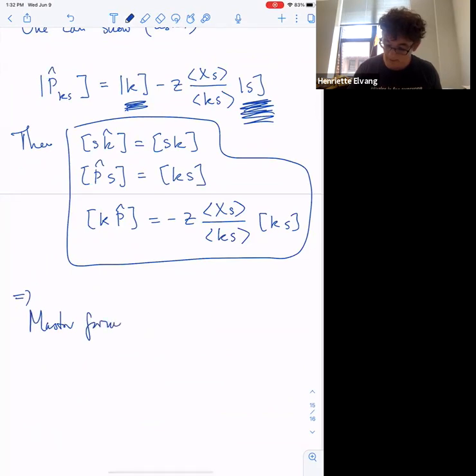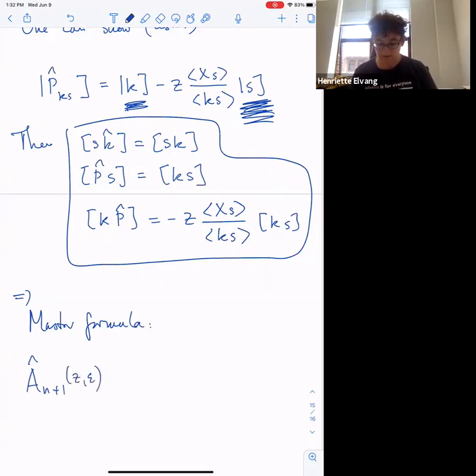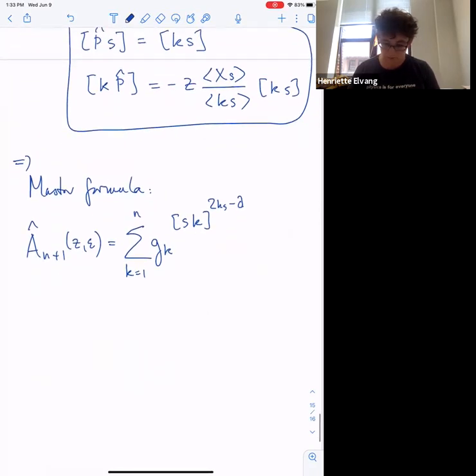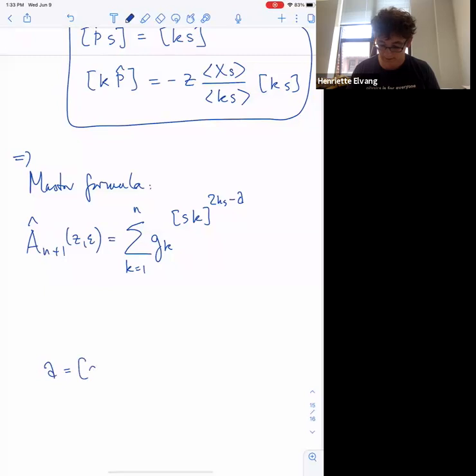So let me write down what the result is once all things settle. It is the following, namely that the n+1 particle amplitude deformed in z and epsilon is going to be equal to the sum from k equals 1 to n of gk times sk square bracket to the 2hs minus a, and this a that sits here will be equal to the mass dimension of the coupling plus 2 times the helicity of the soft particle, whatever that might be.